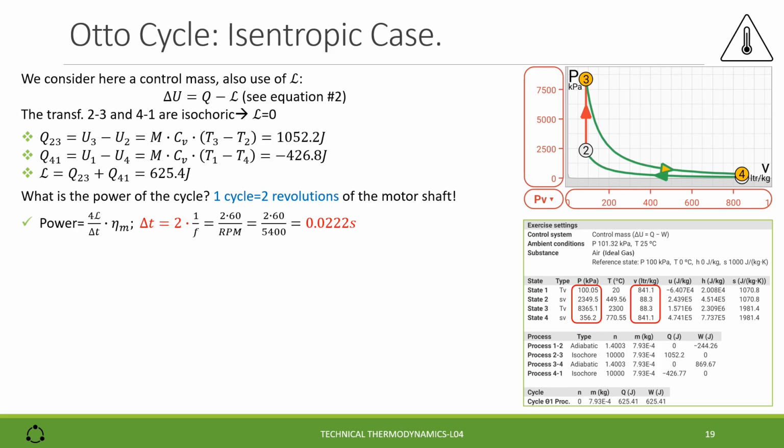The power is 4 times the thermodynamic work divided by delta T, 4 times because we have 4 cylinders, and we add also the mechanical efficiency because we want the mechanical power.